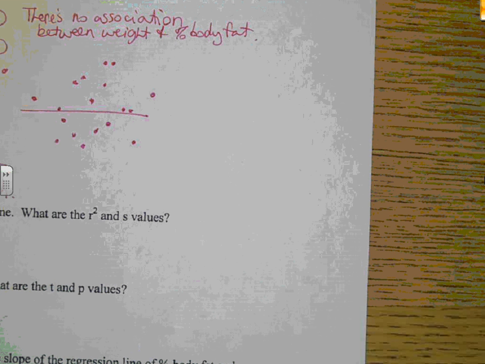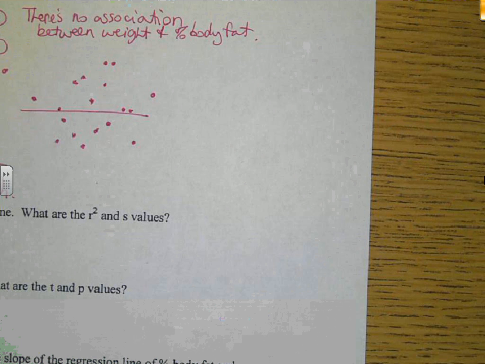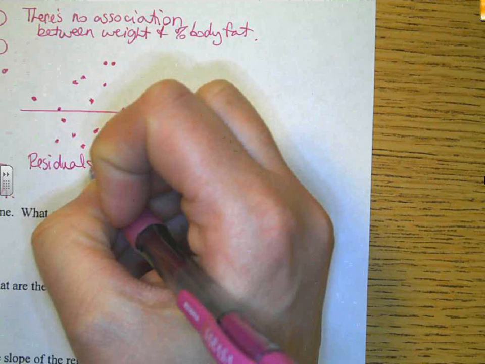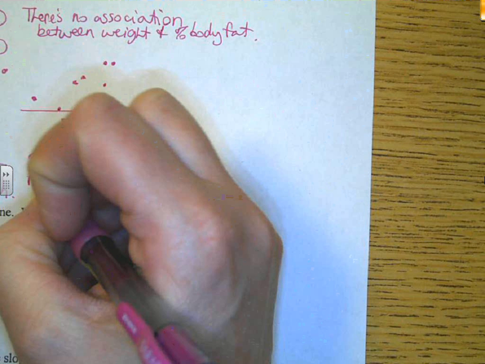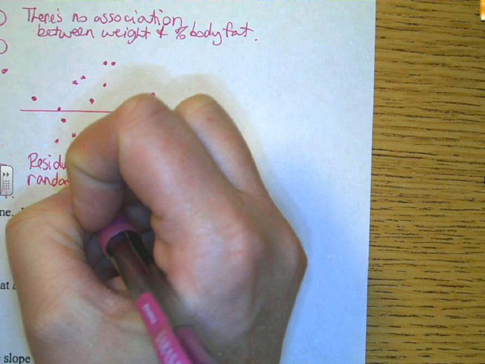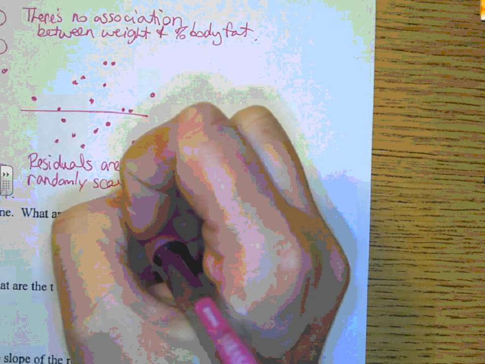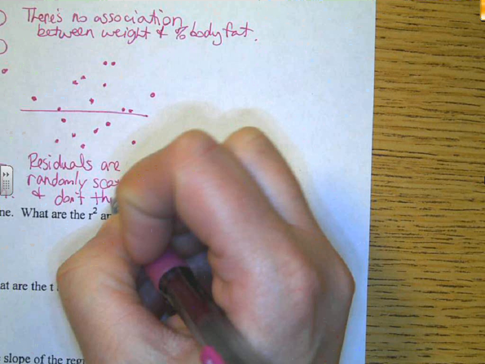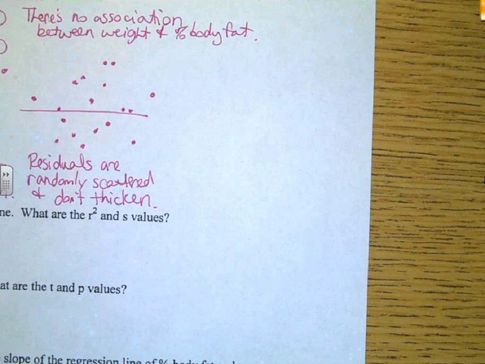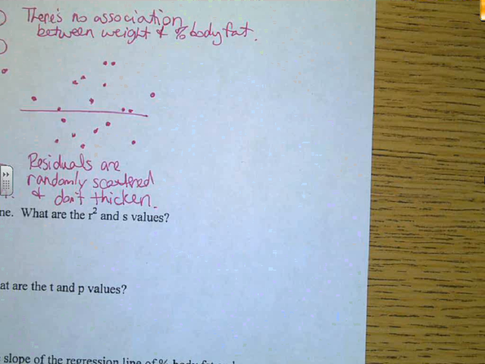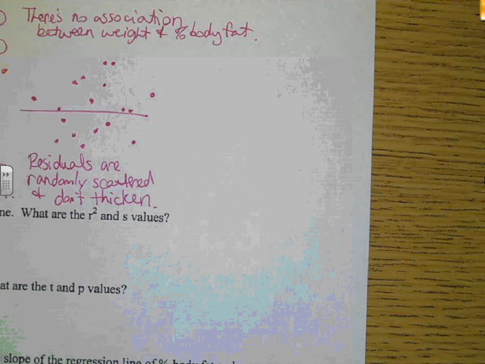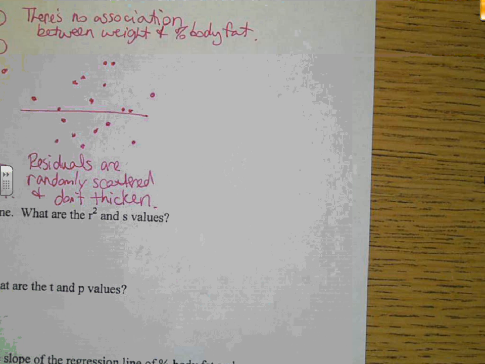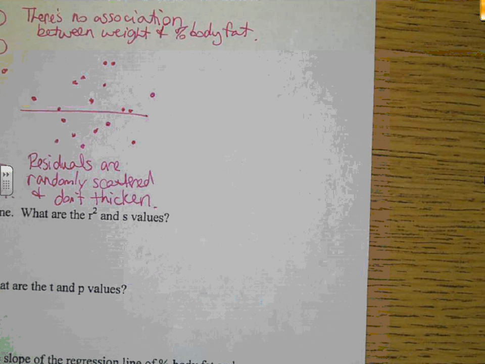Is it randomly scattered? Does it thicken? Nope. So that's good. So for the residual plot, just say residuals are randomly scattered, and they don't thicken. Should have warned you ahead of time to not make your graphs too big. It'll fit.